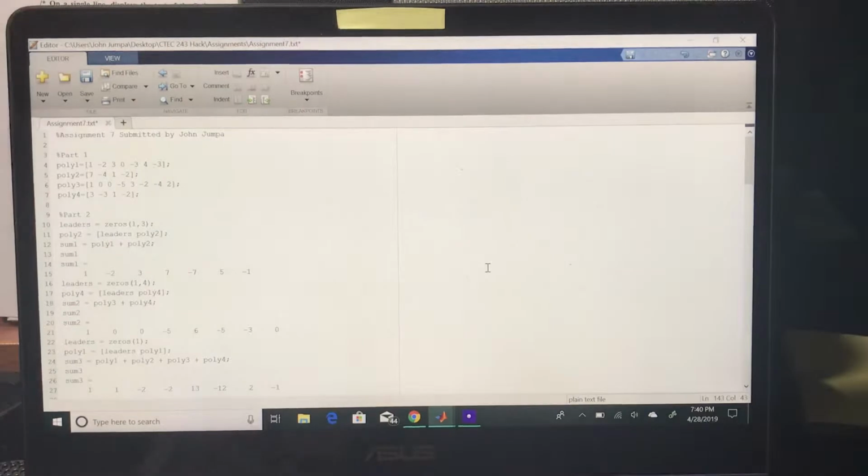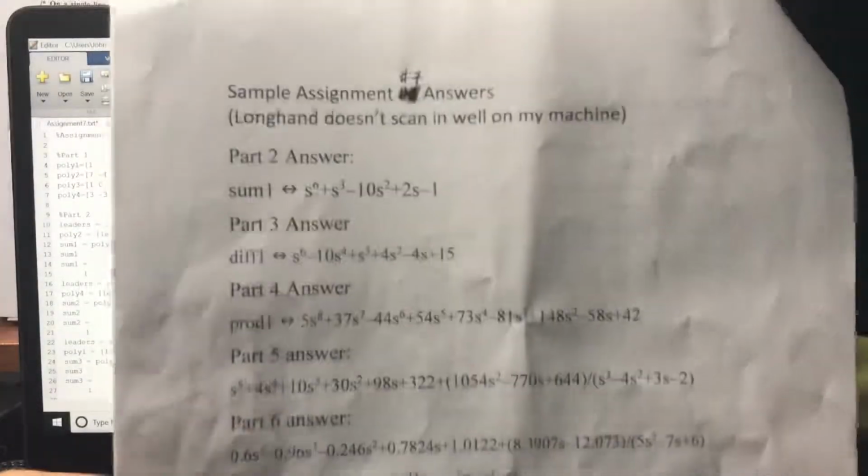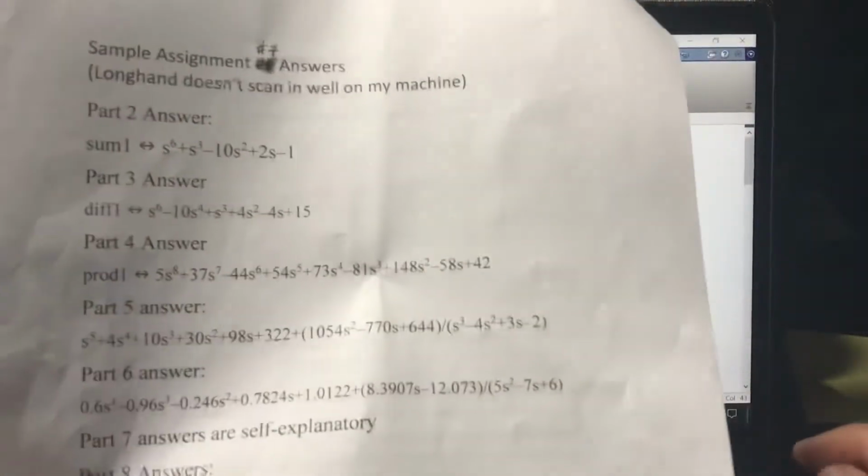In this section I will not be explaining this in the YouTube video, because you can look at the given example in the packet on how to do the longhand. As I repeat again, the longhand or the answer sheets that I gave you in this packet are not going to be the same thing as the MATLAB.